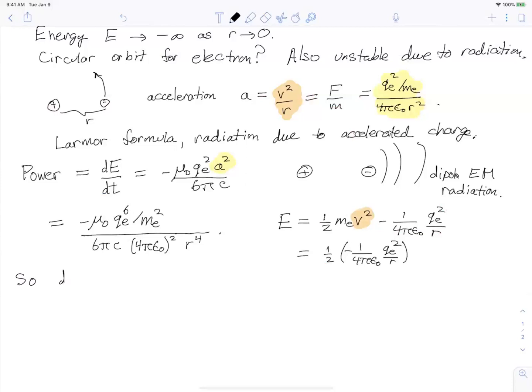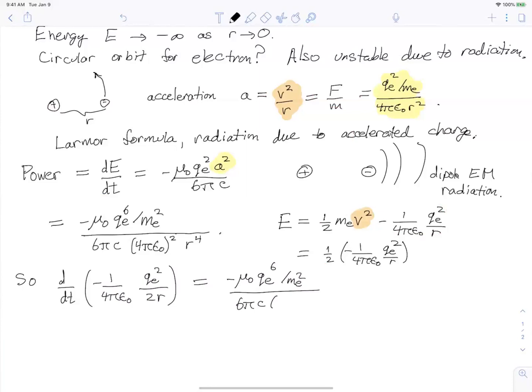So d by dt of minus 1 over 4 pi epsilon naught QE squared over 2R, that's from the E, is equal to what I got up here, minus mu naught QE to the 6th over ME squared 6 pi C. It's a very complicated constant here, but the most important thing about it is that it's constant. Clearly the charge on the electron is not changing, neither is epsilon naught.